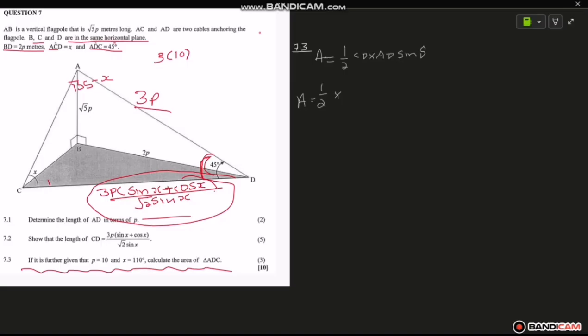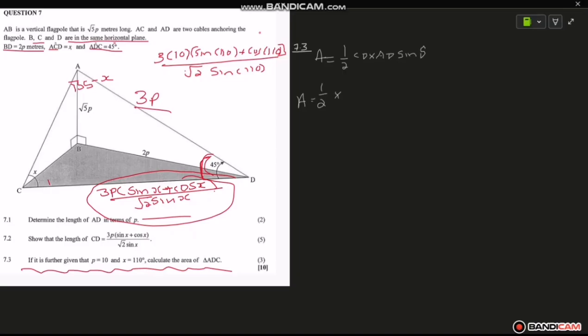So 10 times sine 110 plus cos 110, then we close the bracket, all over root 2 sine 110. Then I'll punch it in a calculator and put it as the size of CD, but make sure that you write everything in your book, your substitution. They must see it.